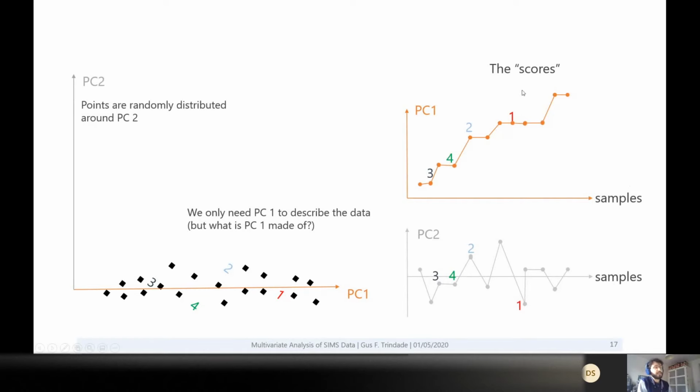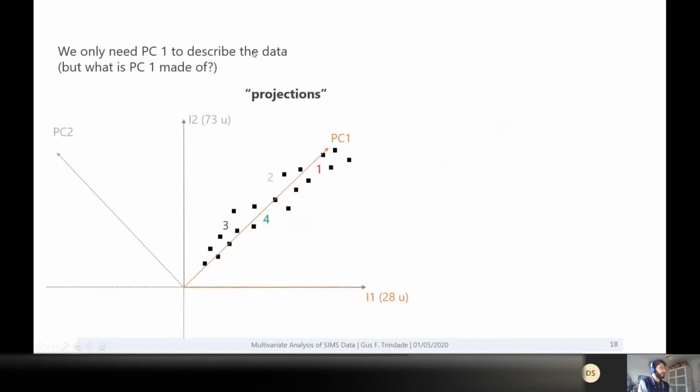The terms you see in the literature include the scores, and scores are basically the new coordinates in this new set of axes. So a high score means that the point is high up on the PC1 axis, and you will see here for PC2 it's just randomly around 0, and PC1 just increases. So it means here you have a lot of PDMS and here you don't have a lot of PDMS.